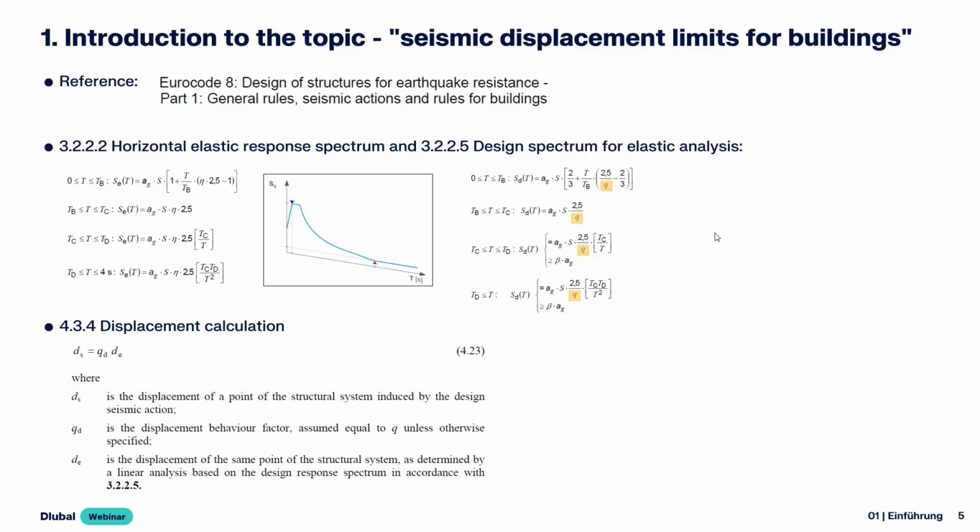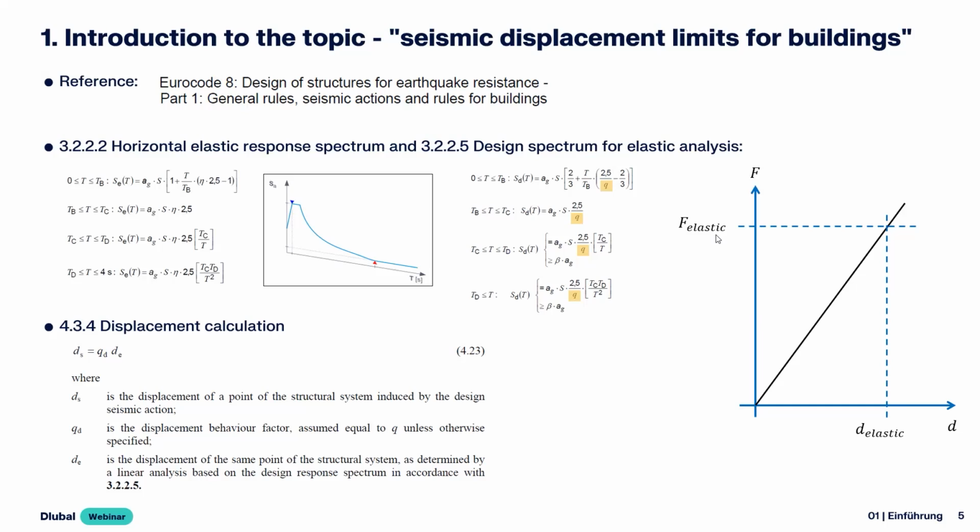Yeah. So I prepared here a figure to try to explain why this multiplication has to be carried out. Let's assume that the black line is the elastic response of our building or our structure.